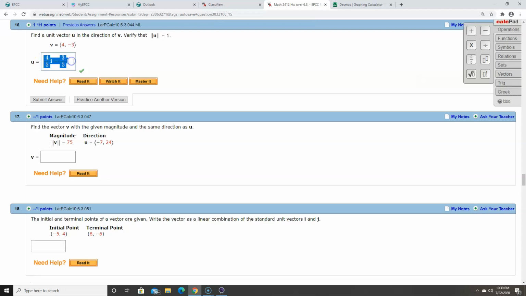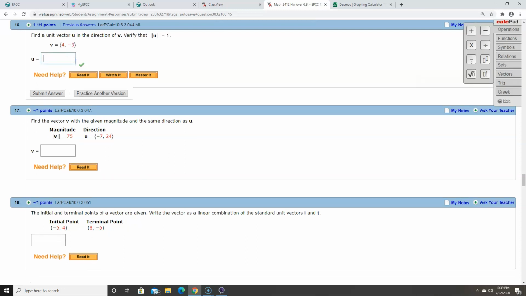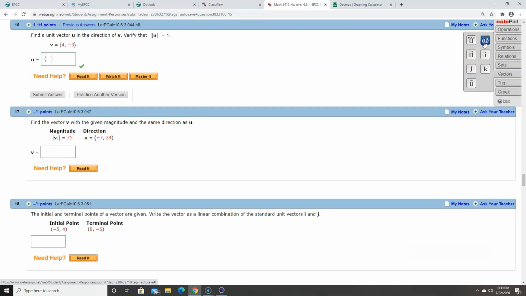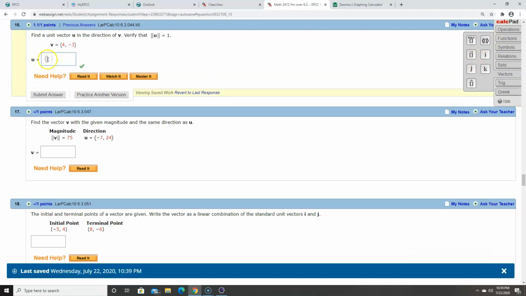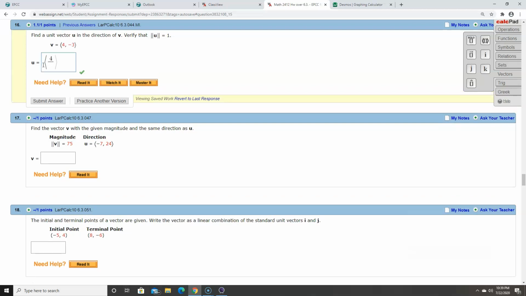We could also decide to write it in component form, which would be then go to vectors, open vector bracket, and inside put the horizontal component value 4/5, comma, negative 3/5.